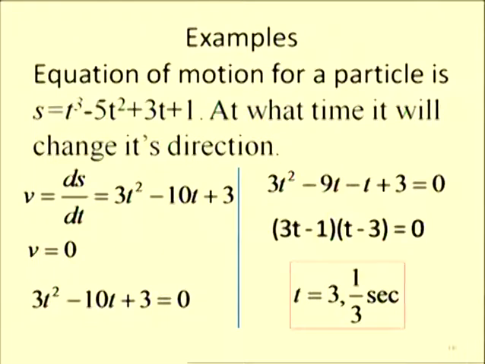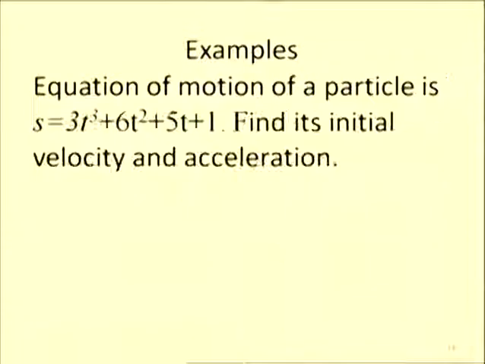So this is the example where we are interested in finding the time where the direction of a particle changes. In this way we can find at what time the direction of a particle or a moving object changes. Now one more example.